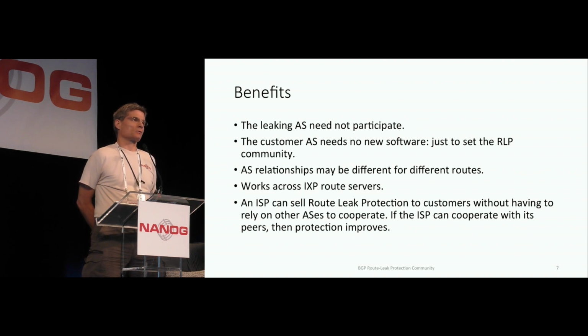The actual IXP route server clients themselves have relationships amongst themselves only. Right? What I have there is that the ISP can sell route leak protection to the customers without having to rely on other ASs to cooperate, because it's only through them. The leaking AS does not have to cooperate.